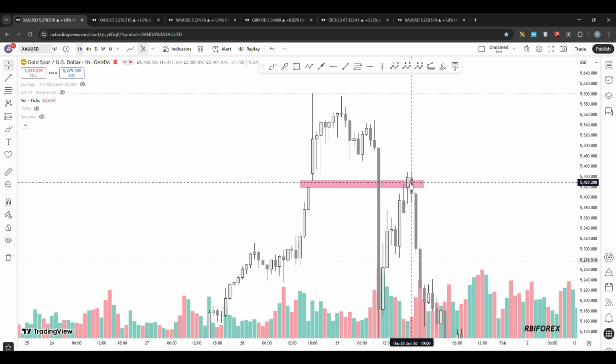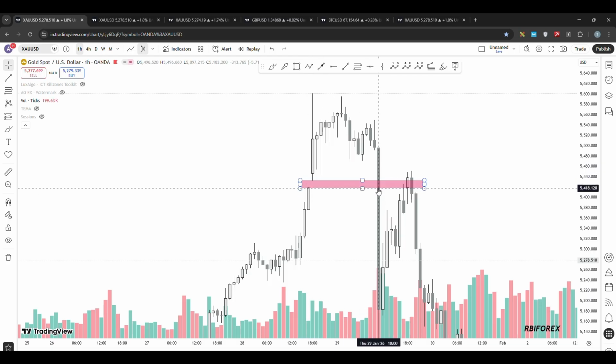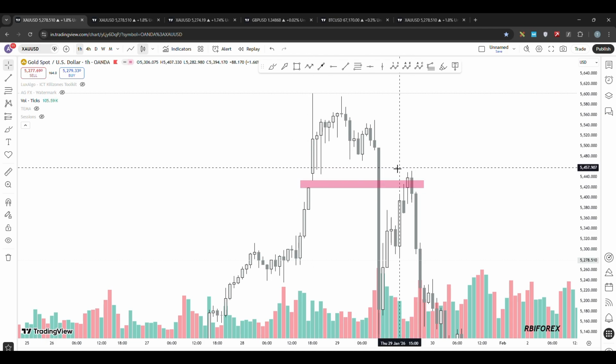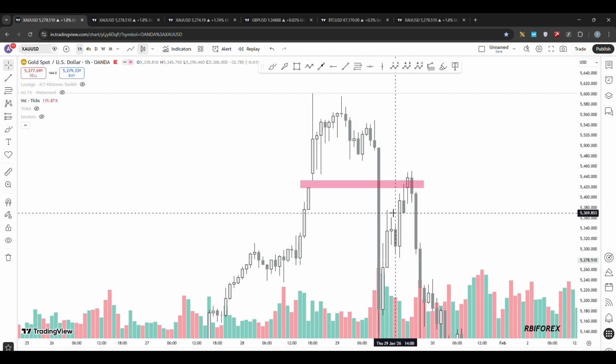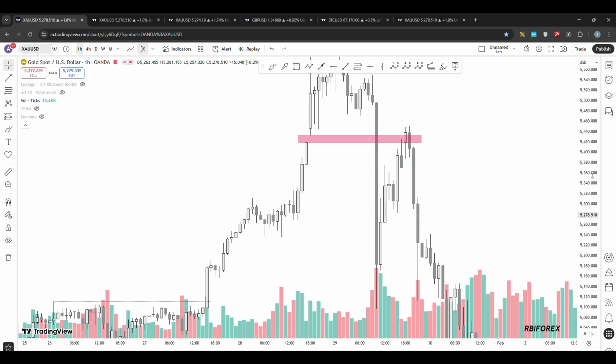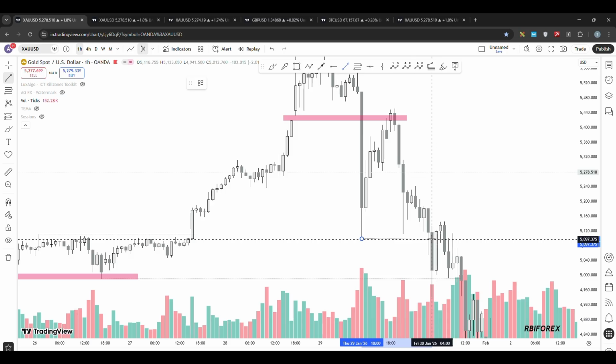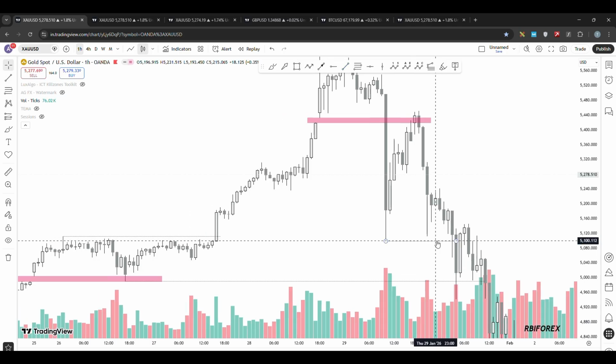Why? Because in this case, there are two POIs that are in contact with each other. We have got this gap, and along with that, we have got this fair value gap, right? So this makes this zone a much more powerful zone than just a single gap. So when market taps into this zone, you can see that immediately market gets displaced to the downside and market comes all the way down to target this liquidity, right?